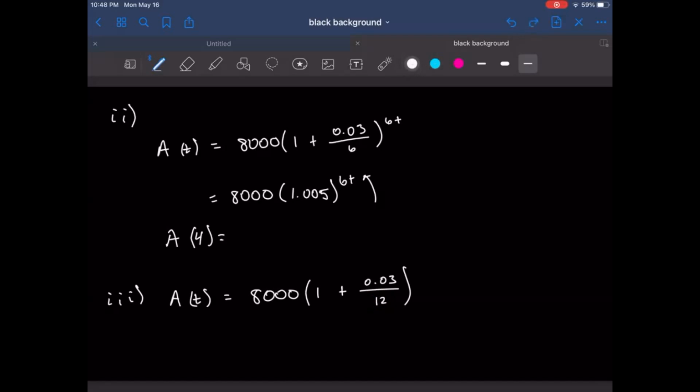No, it's got to be this number times t. That number times t is what goes in the exponent. Oh, so it's 12t. Okay.